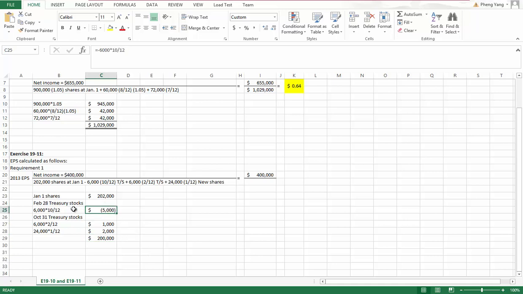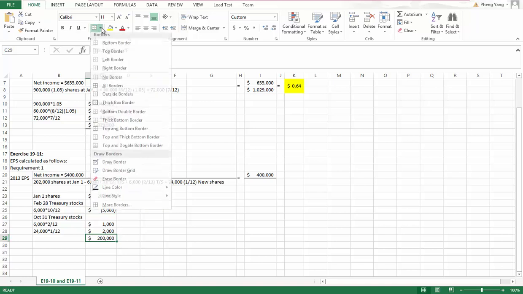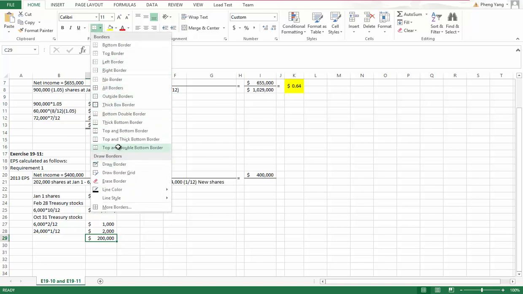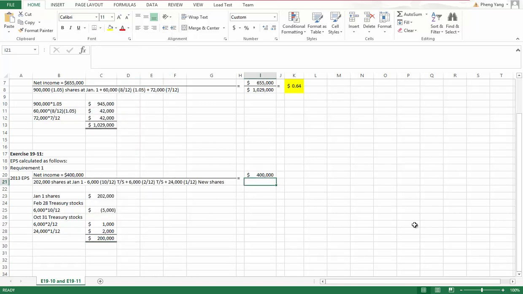We're subtracting and I added it, so that was the issue. Okay, so my denominator is going to be 200,000. Once I took the January shares, subtracted the treasury stock that the company reacquired, added it back because it was sold back as of October, and then the new shares issued as of the end of November. That gets me to 200,000.